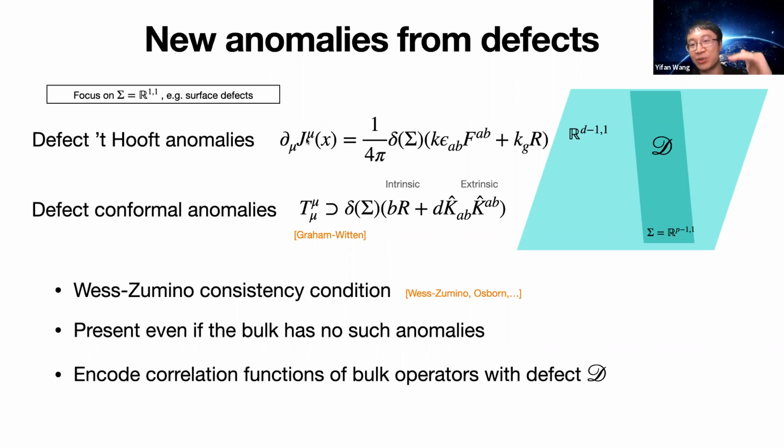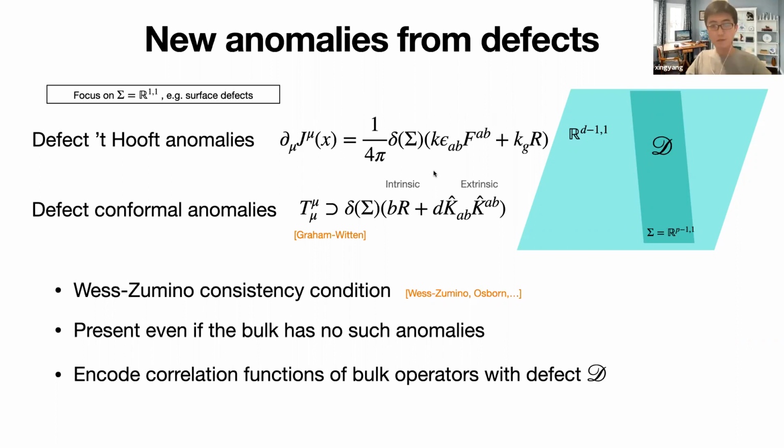As you tune the cross ratio such that the bulk operator approaches the defect, the effect of this coefficient K becomes prominent. The key is that defect correlation functions have a much richer structure than the case without a defect, while being consistent with it in the kinematic limit where the defect is far away. Okay, I see. Thank you.